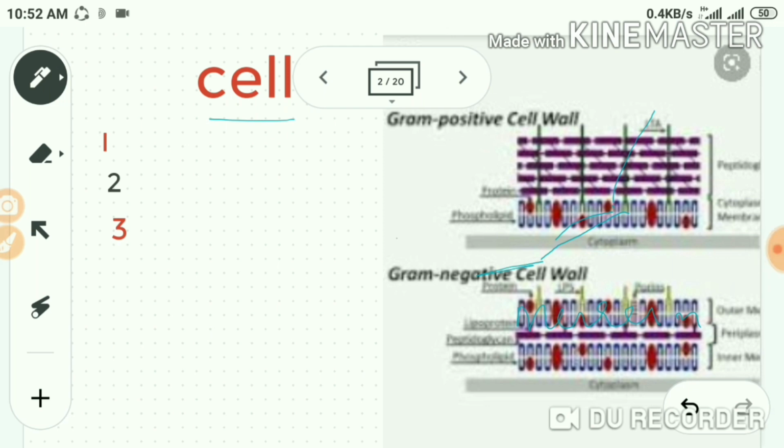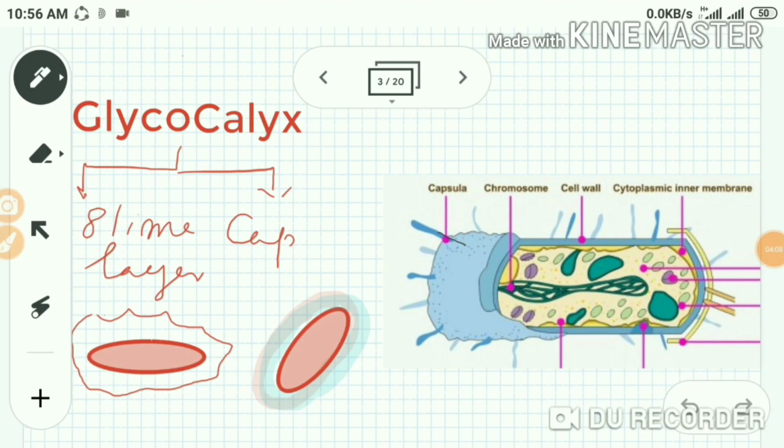Together, the peptide portion and the glycan portion make the cell wall a kind of mesh. Here you can see that mesh-like appearance. This is gram positive and this one is gram negative bacteria.